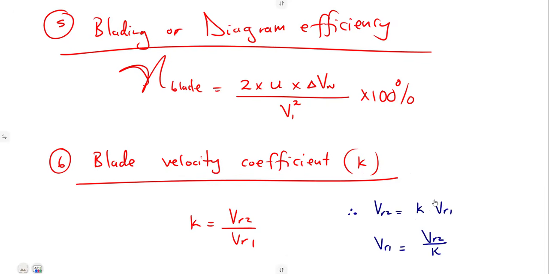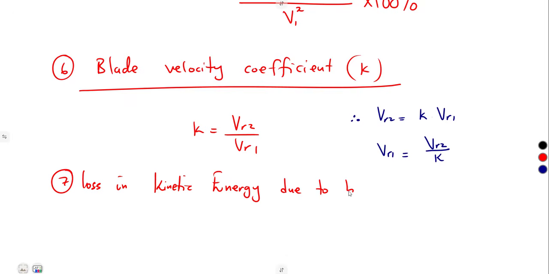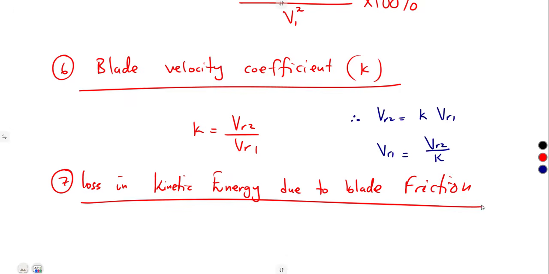Another important aspect is the loss in kinetic energy due to blade friction. They are going to ask about this one.